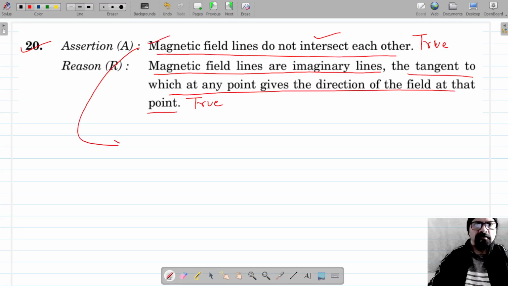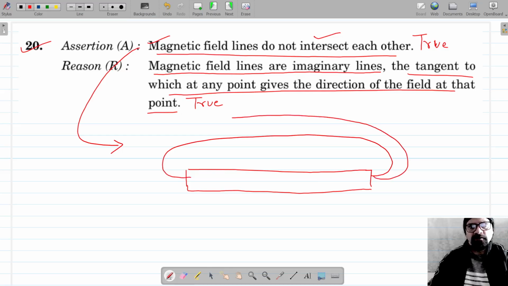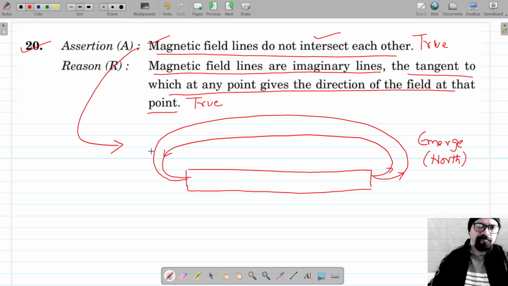The explanation is this. Let's say this is a bar magnet, and we know that magnetic field lines emerge from the north pole and merge at the south. These are two magnetic field lines; they emerge from north and merge at south.